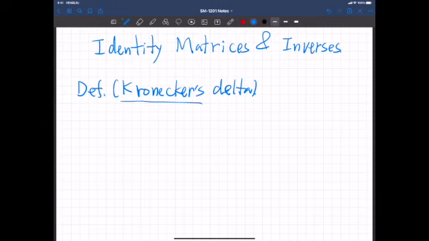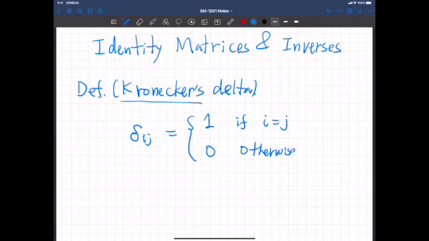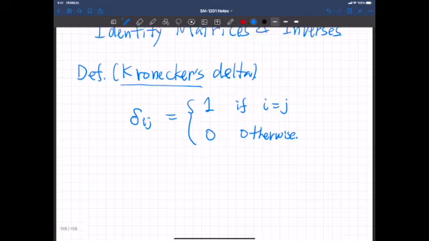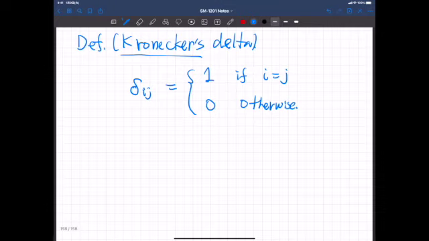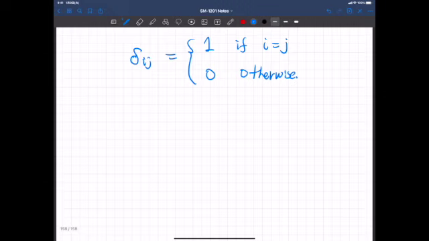Anyway, we define this symbol delta, a lowercase Greek letter, delta_ij, which is 1 if i is equal to j, otherwise 0. It's very simple, but it's very convenient and very handy. So, using this, let us define the identity matrices.